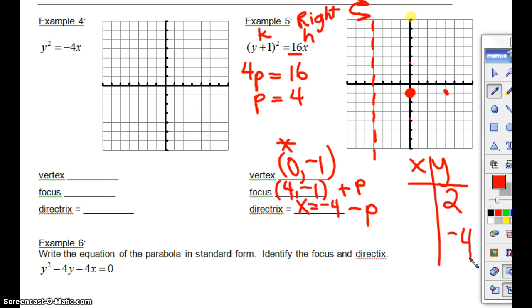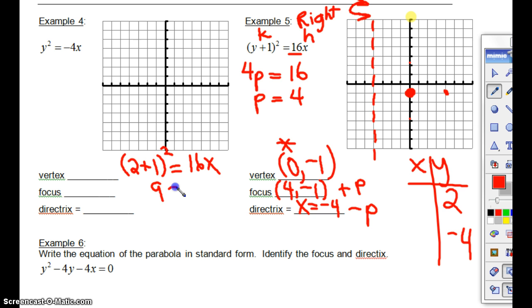Now I'm going to plug those values into my equation to solve. I'm going to have to do it on the whiteboard to the side. So I'm going to plug it in here and solve for x. So I'll have my equation, (2 plus 1) squared equals 16x. 2 plus 1, of course, is 3. 3 squared is 9.